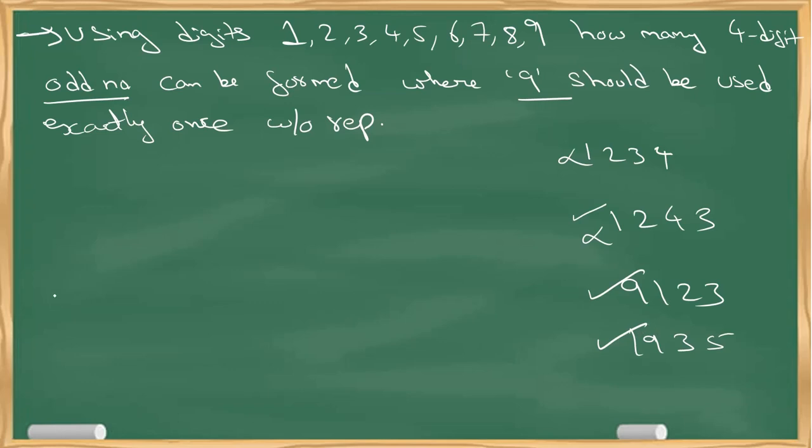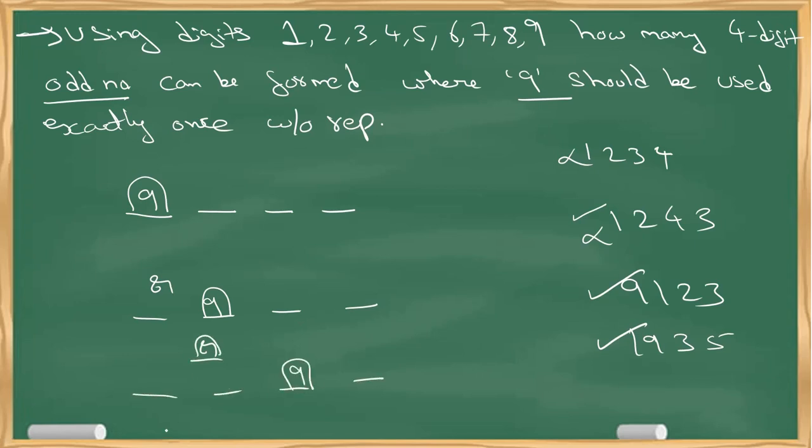So how to do it? First, note 2: always, if one condition is dependent on another condition, you have to fix the position. So what do I have to do? I can have numbers starting with 9, or 9 can be used at the hundreds position, or 9 can be used at the tens position, or it can be ending with 9 because 9 is an odd number, so it doesn't matter.